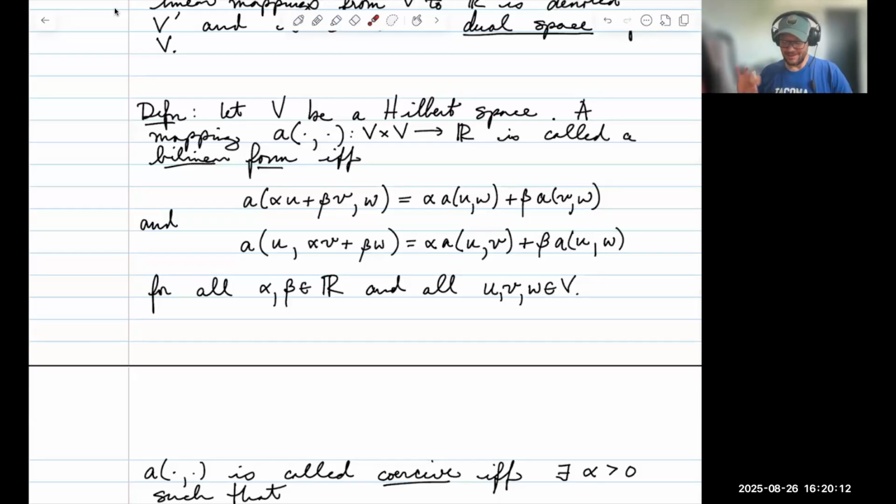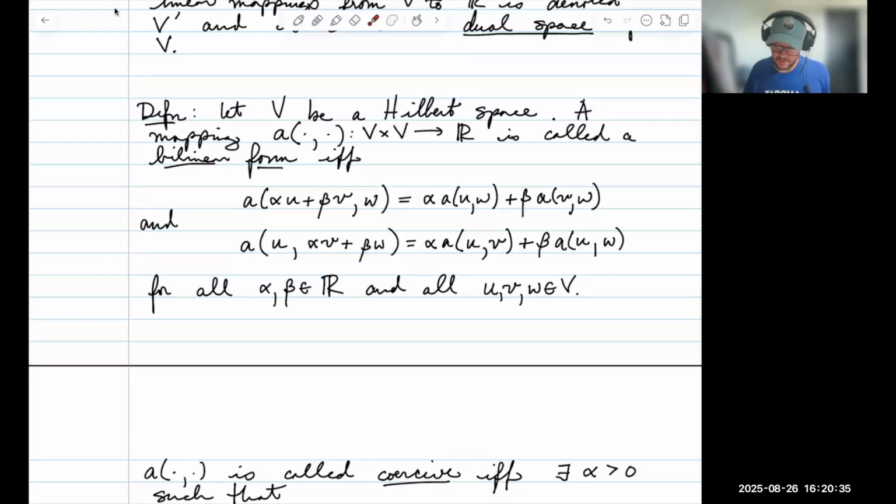And it has to be linear in the second entry as well. So A of u against alpha v plus beta w has to be equal to alpha A(u, v), so we're talking about that one first, and then beta A(u, w), so the second entry.